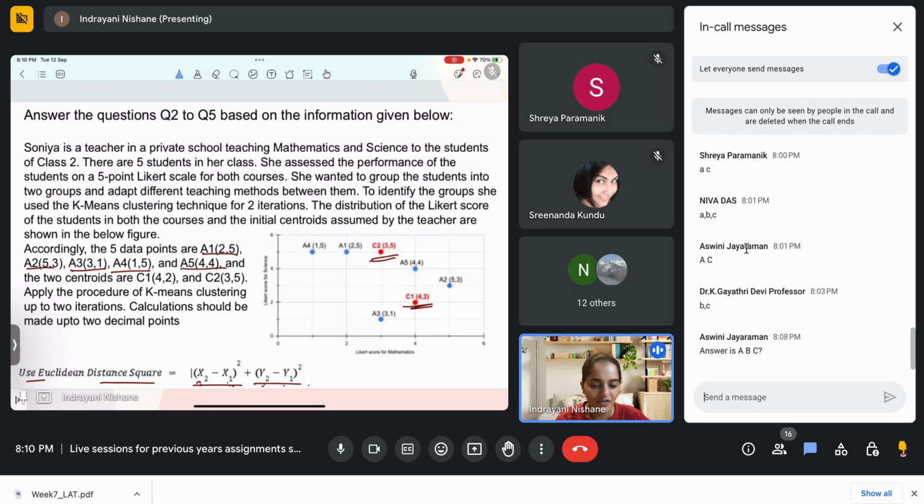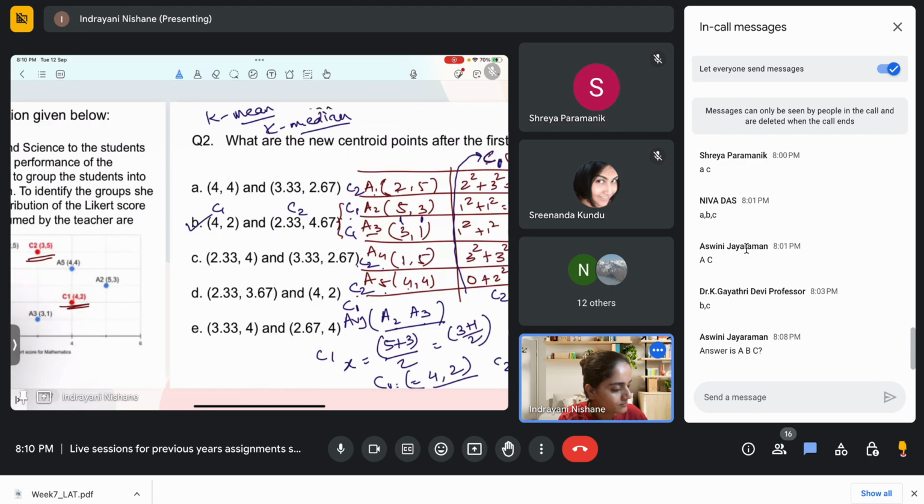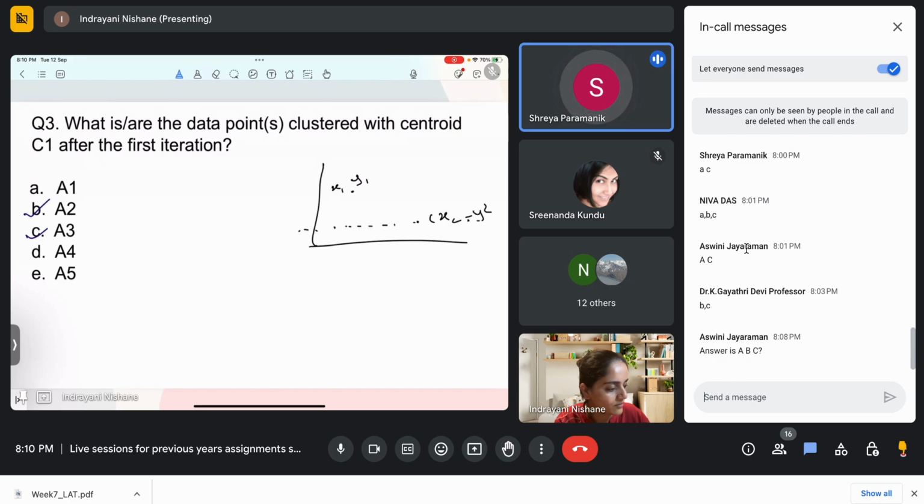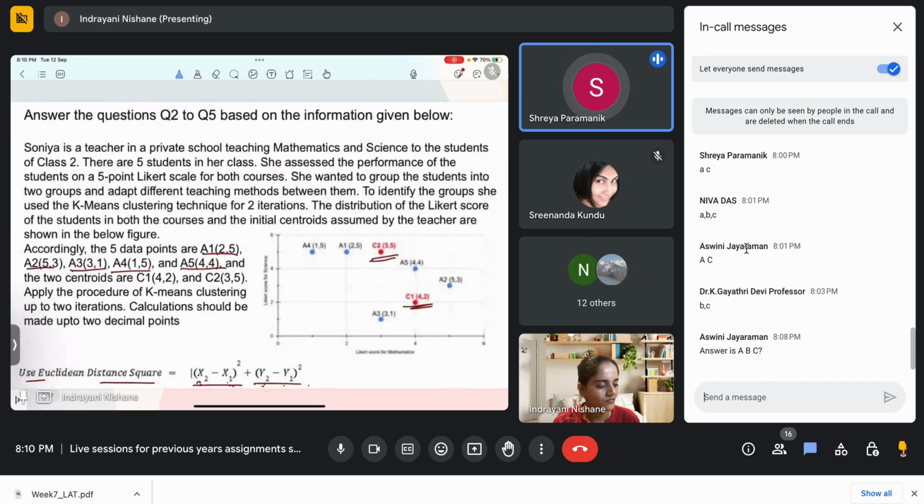Euclidean distance is like if you consider this to be x1 y1 and the other point. They will just mention in the question which one we have to use, and the formula will also be given.